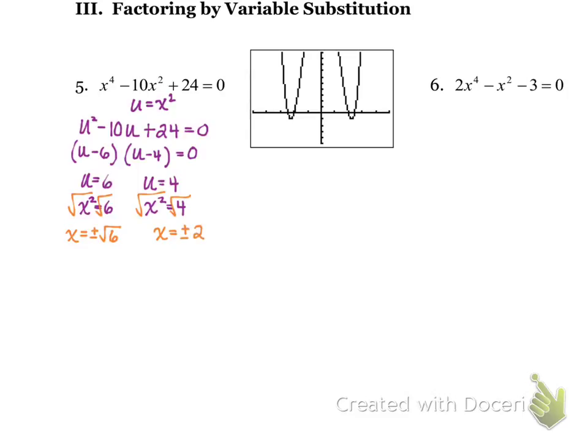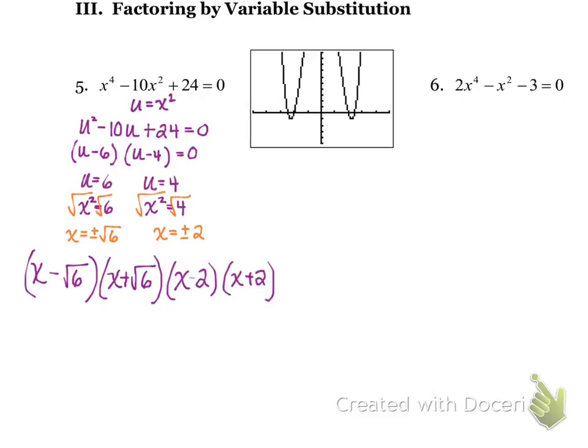So this gives us 4 solutions, 4 roots, 4 zeros, which makes sense because we have a polynomial of degree 4. If I wanted this in factored form, knowing that I have a zero at x equals positive root 6, I would say x minus root 6, x plus root 6, and then I would have x minus 2 and x plus 2 in factored form.